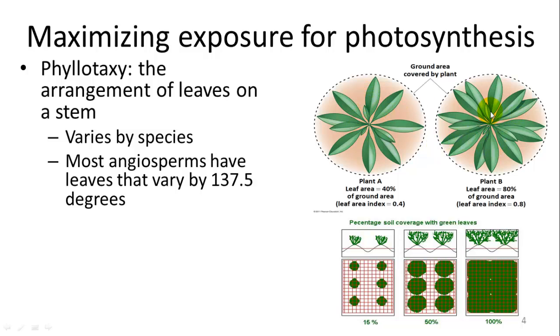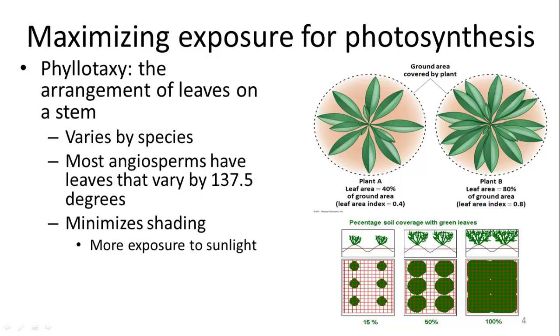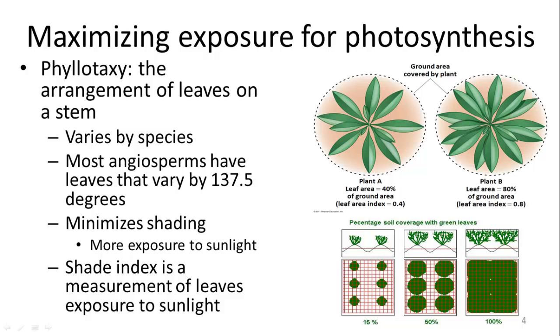Now, different species have different amounts of coverage, and we can measure this in what's called the leaf area index. So this plant has a greater leaf area index than this plant. This minimizes shading and exposes more of the leaves to the light, and this shade index or leaf area index then is that measurement.